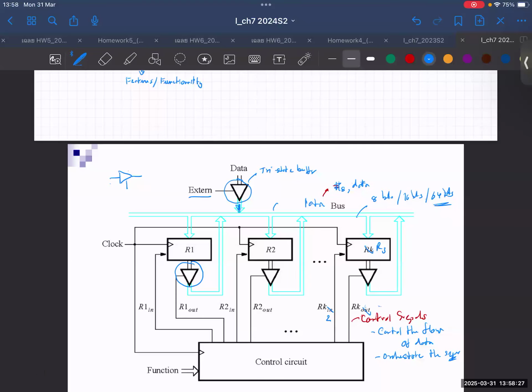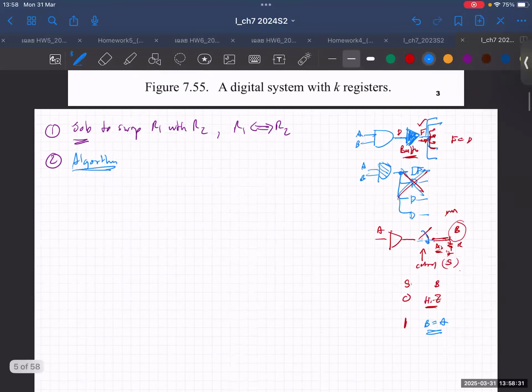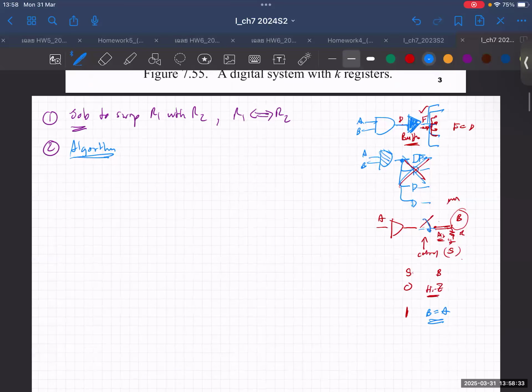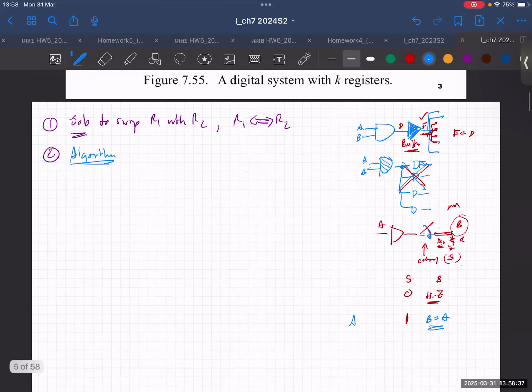It means that you have an external control signal. Remember that we can have many types of control depending on logic. This is active high logic, because when the control is 1, you expect something to happen, which means that you connect B to A. So we call this active high.